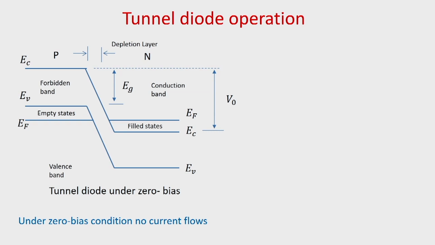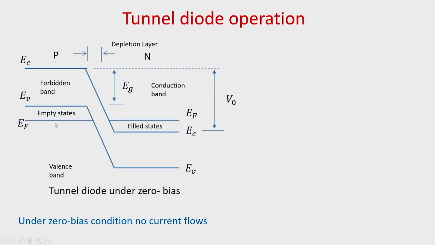Because of this heavy doping, we have empty states above the Fermi level in the p side, and we have filled states below the Fermi level in the n side.